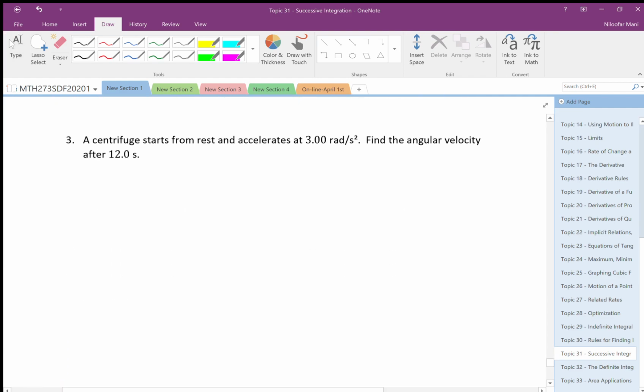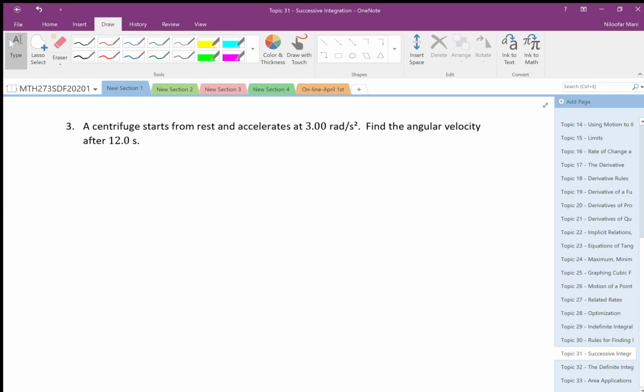How about this? A centrifuge, this is angular. The centrifuge starts from rest, so it means v0 is 0. And it accelerates with alpha equal to 3 radian per second squared. Find the angular velocity after 12 seconds. So very easy.